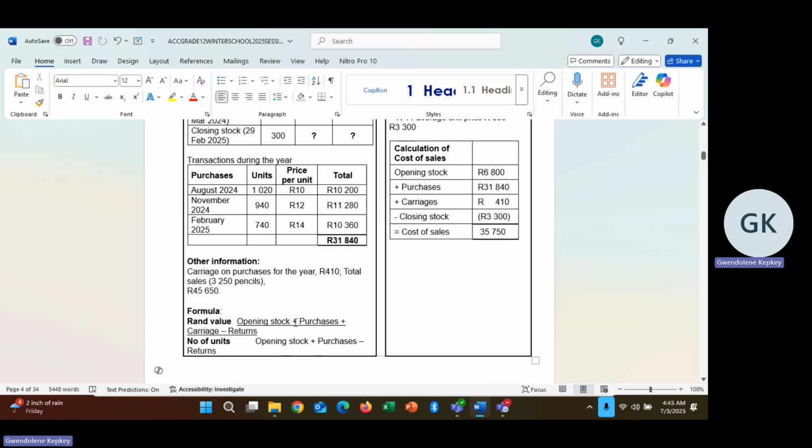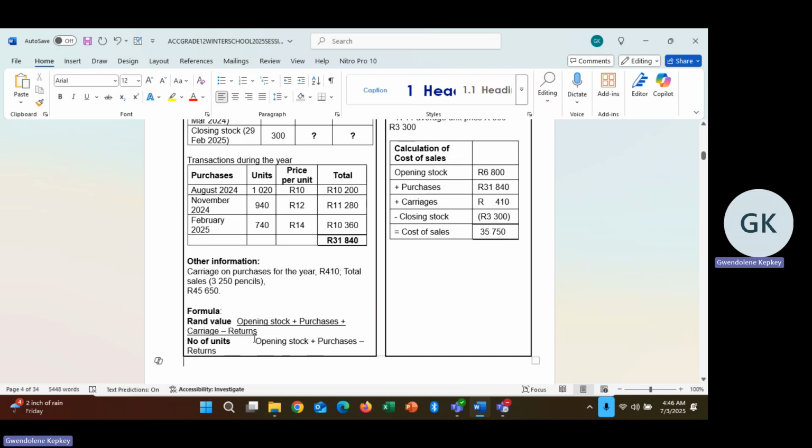My numerator consists of the rand value, opening stock, plus my purchases, plus my carriage, minus my returns. Then at the bottom, which will be now my denominator, I will be looking again at opening stock, purchases, minus the returns. What is the difference between my numerator and denominator?